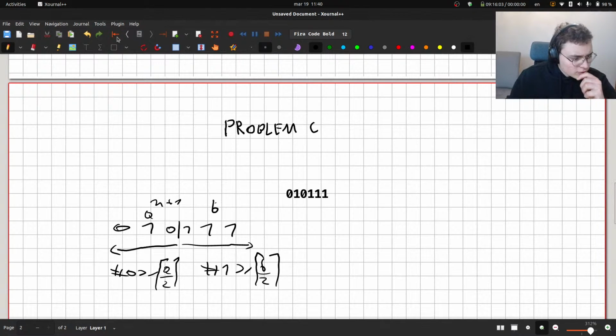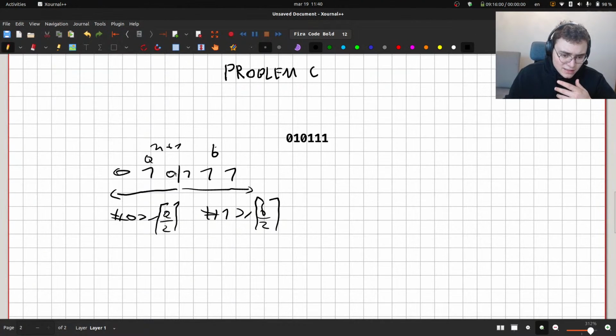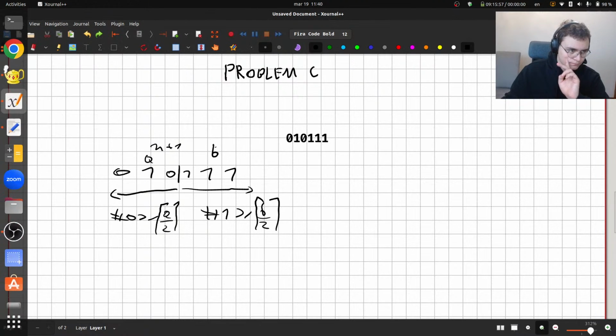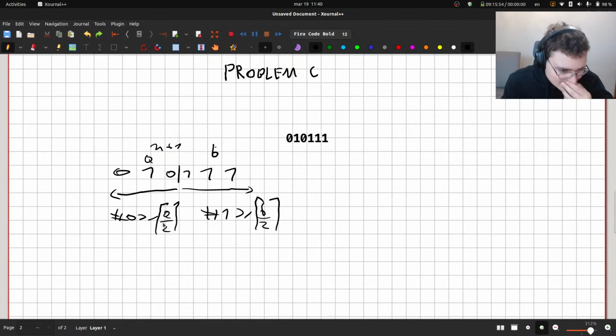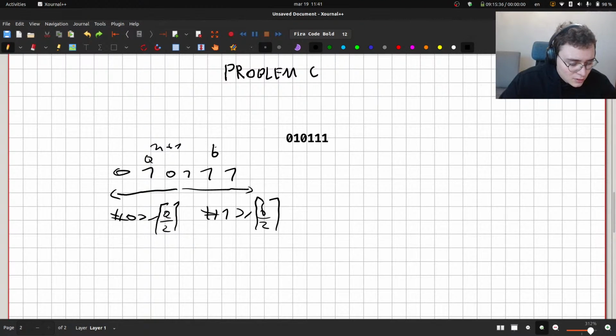So now we want to find the dividing point such that both of those things are true, and such that it's closest to the middle. So how to do it? Well, it's an implementation problem. You would implement prefix sums over the number of zeros and suffix sums over the number of ones.